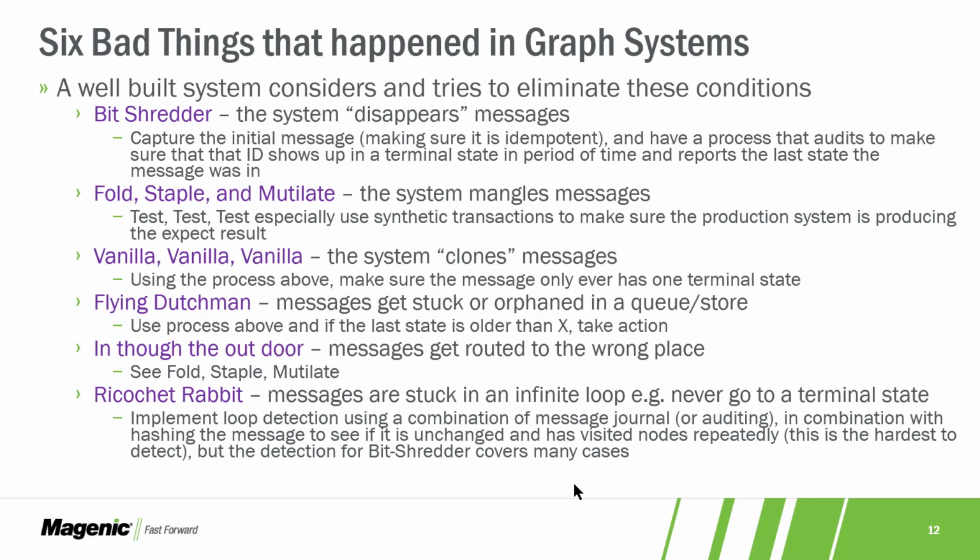And which brings us to ricochet rabbit. Again, if you don't have a strongly linear processing pipeline, and I'm not saying that nonlinear pipelines are bad, I'm just saying if you have them, you have to be able to detect infinite loops where a message goes to some state, is picked up as a result of an expression match, and reprocessed and reprocessed and reprocessed.